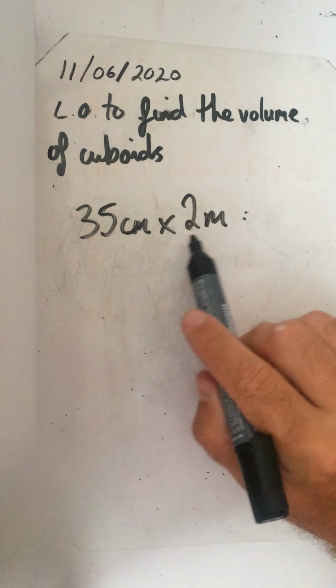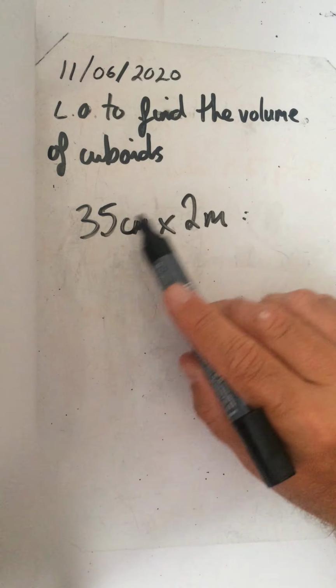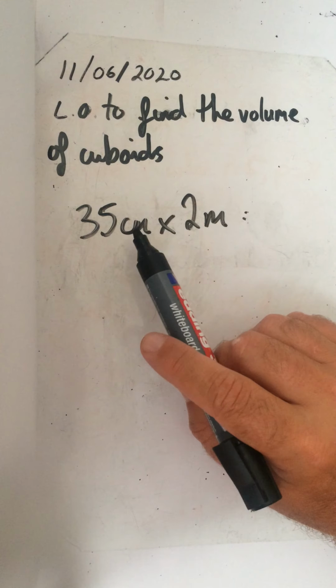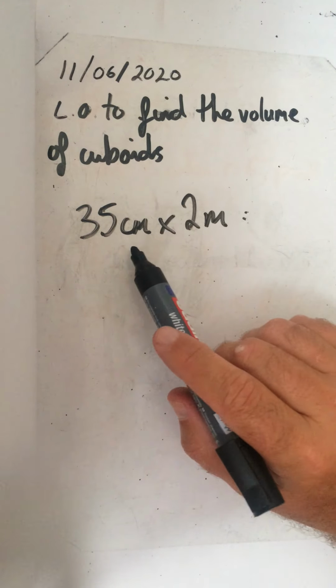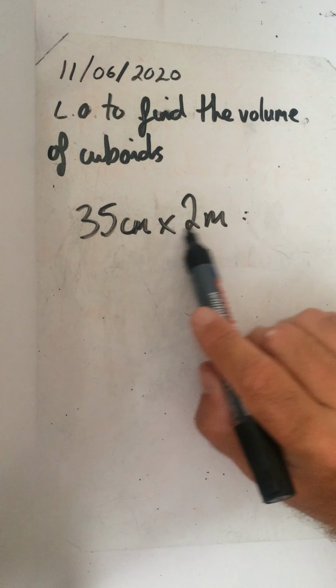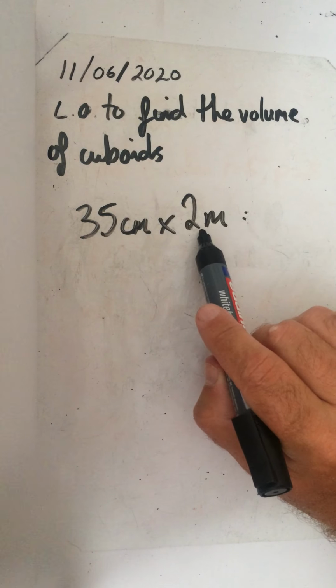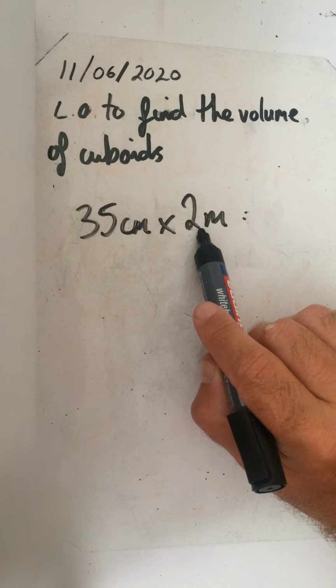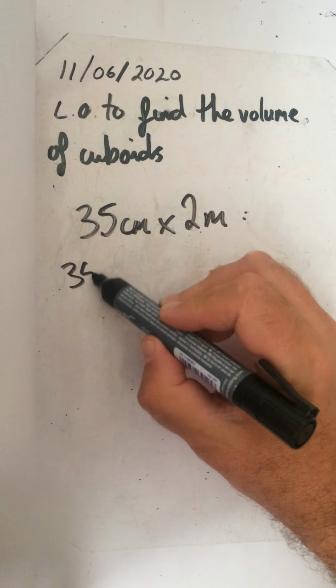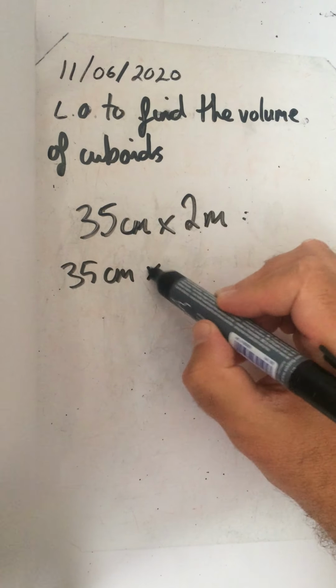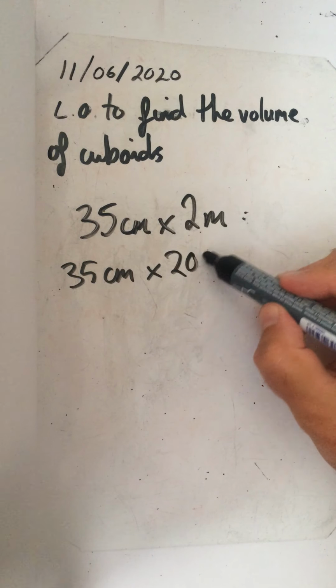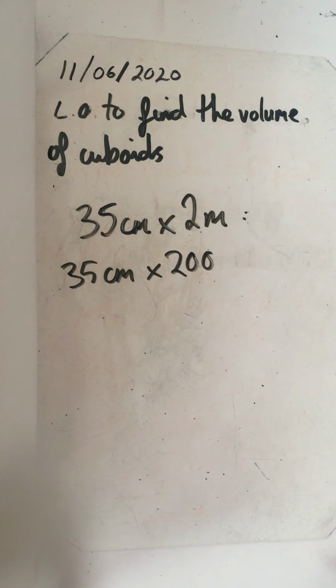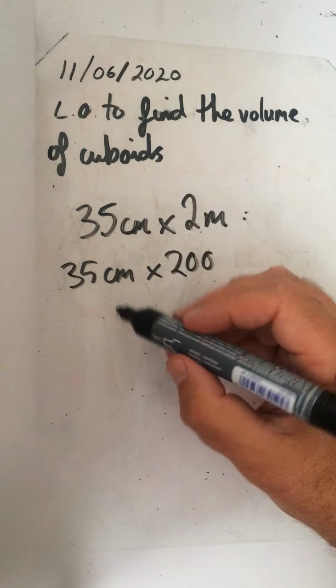So remember, when we multiply, or calculate anything really, multiplying, subtracting, dividing, you name it, we have to put them in the same unit of measurement. Now I think it's easy to turn this 2 meters into centimeters, so it becomes 35 centimeters times 200. Again you can do this how you want.